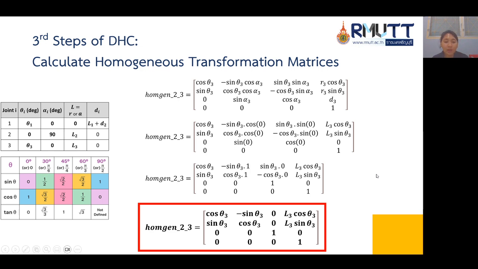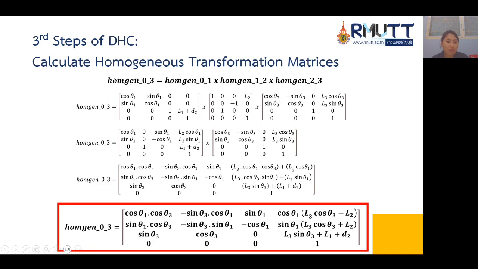Then after we get the three homogeneous transformation matrices from the previous frame to the current frame, we calculate the final homogeneous transformation matrix for the forward kinematics of the end effector. The homogeneous transformation matrix from frame 0 to 3 is equal to multiplying all the homogeneous transformation matrices from every previous frame to the current frame.